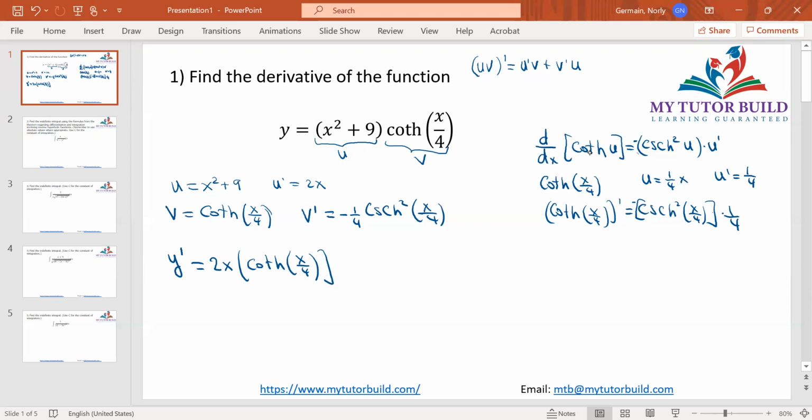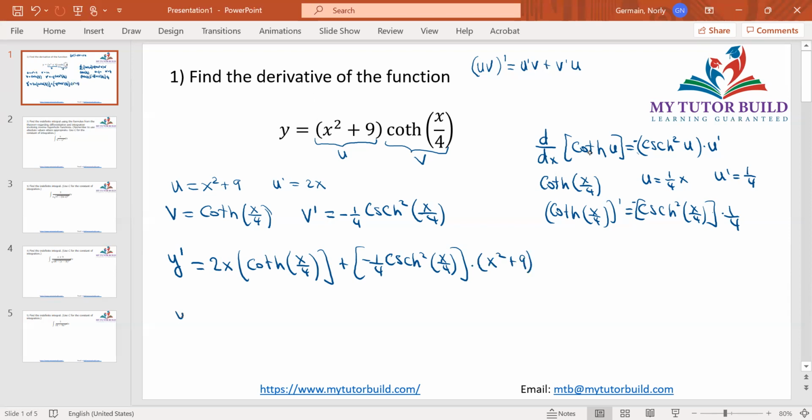In this case, v prime u would be plus negative 1/4 hyperbolic cosecant squared of x over 4 times u. U is x squared plus 9.